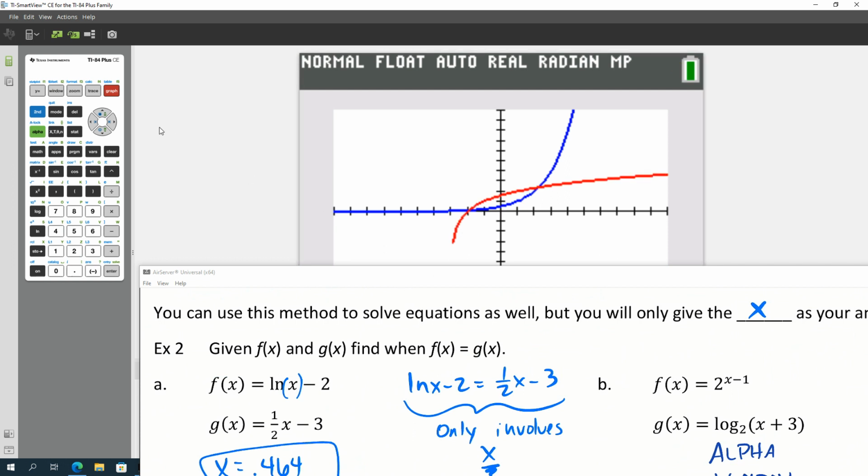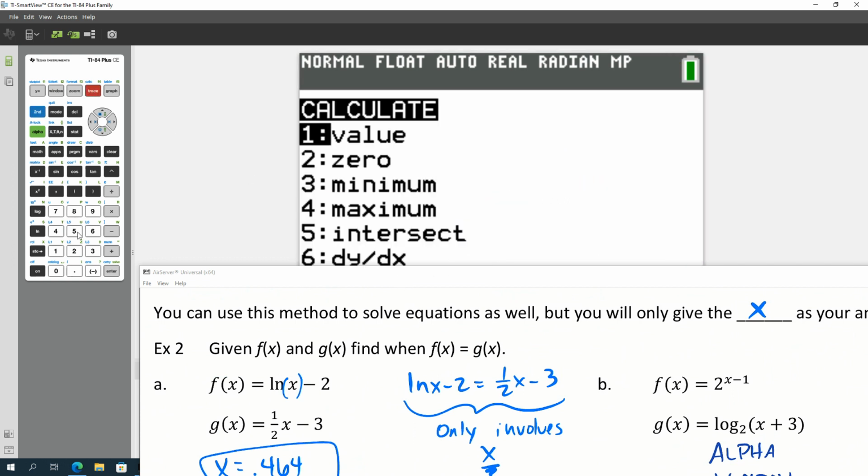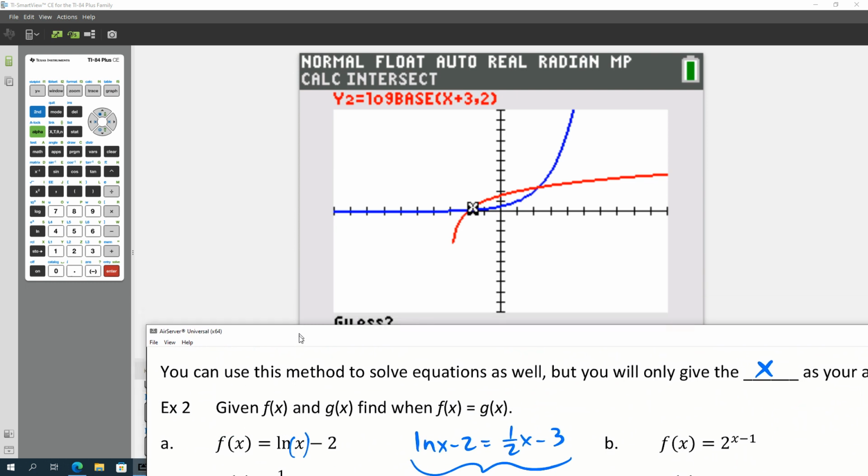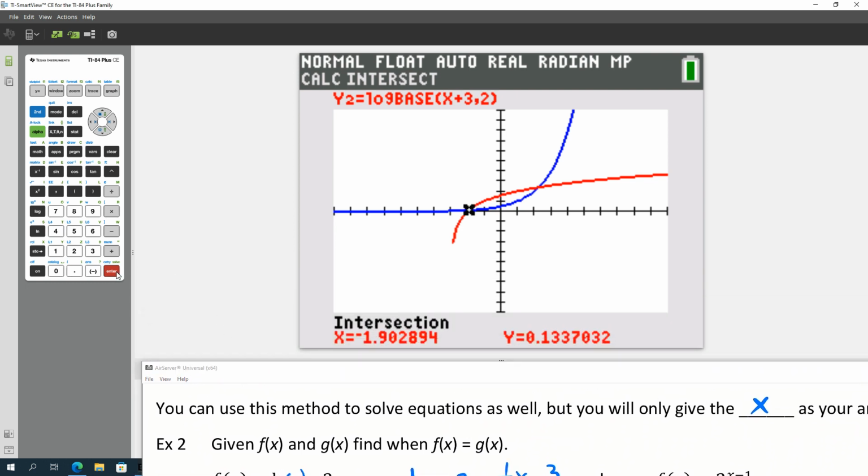So we have 2 intersection points. Second, trace 5. Does it matter what place you put them in? No. Well, I think I answered that question. Which place, if I put y1 or y2?